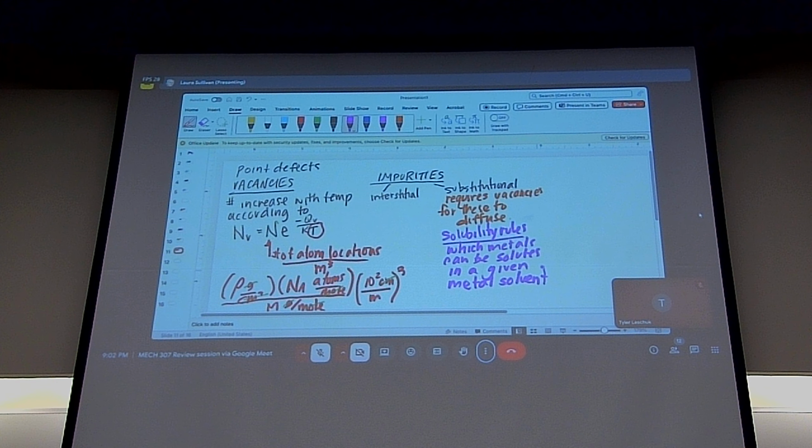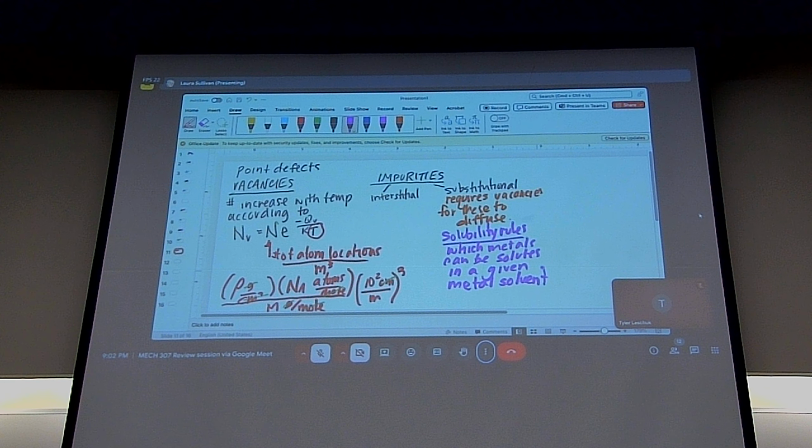And those rules, those are called the Hume-Rothery rules. You don't need to remember that. But they include a limitation as far as atomic radius difference, and crystal structure difference, and valence difference.